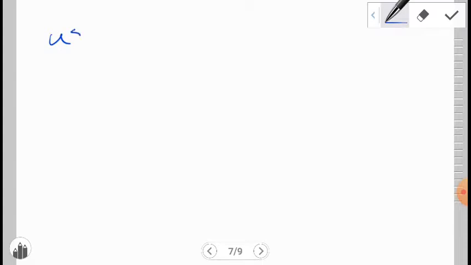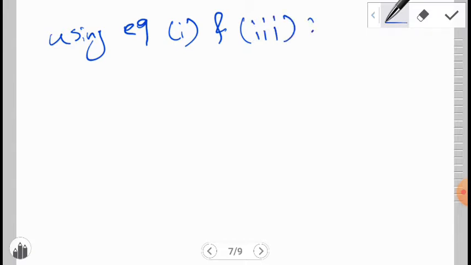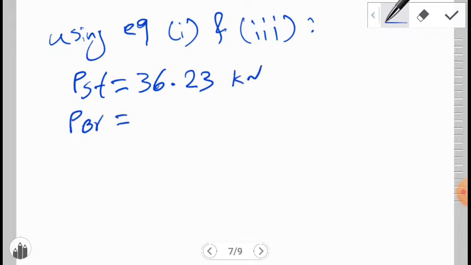Using equations 1 and 3, we can find P steel. P steel is equal to 36.23 kilonewton, and P brass is equal to 23.77 kilonewton.